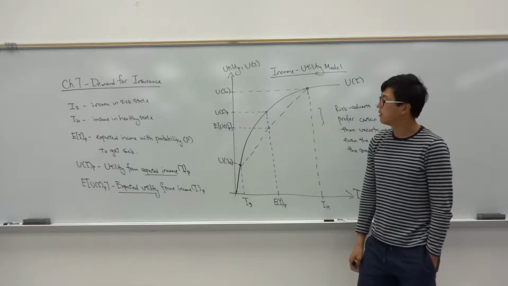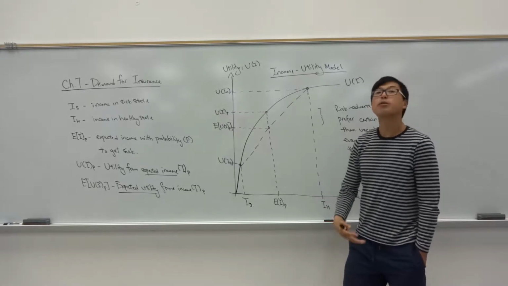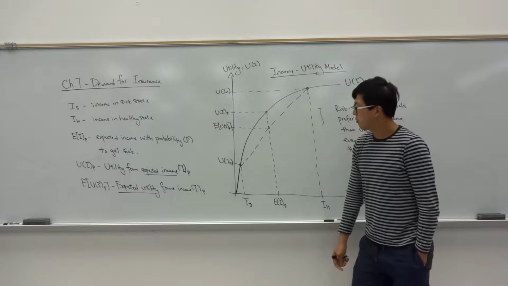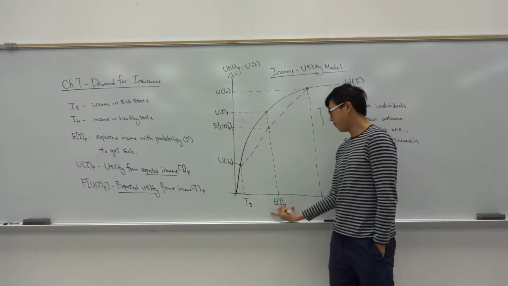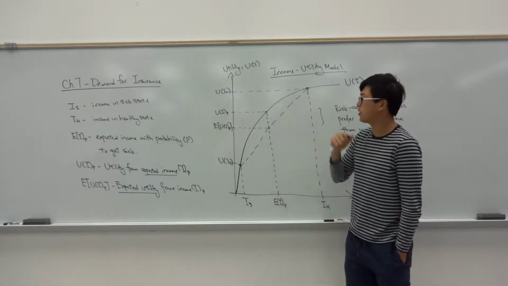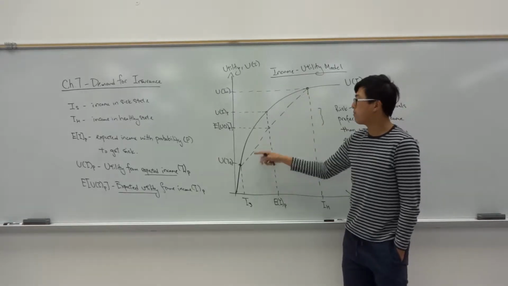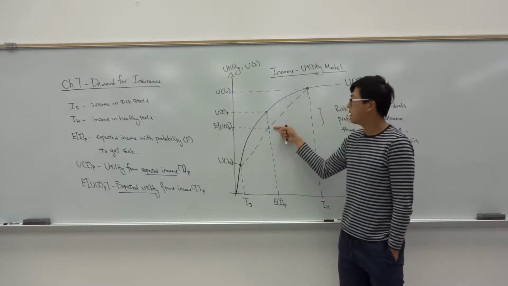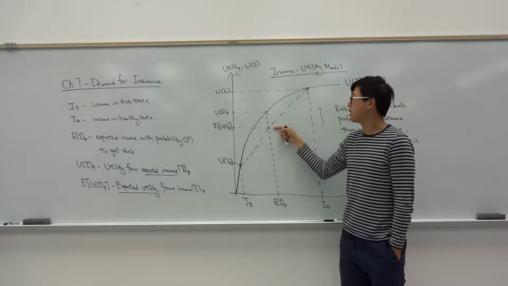On the other hand, because of this uncertainty in life, we have a certain probability of getting sick and not being able to generate a full income. The expected utility from earning this income is very different compared to the utility on the utility function, because this point right here on the segment line between these 2 points on the diagram represents the expected utility, something that is uncertain.